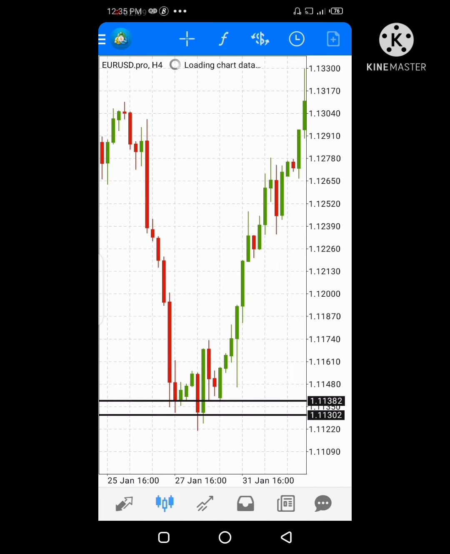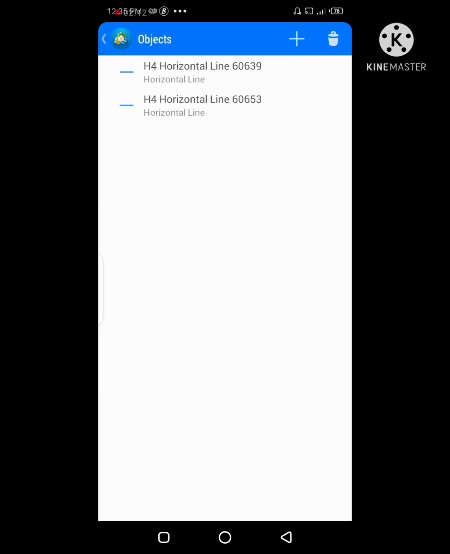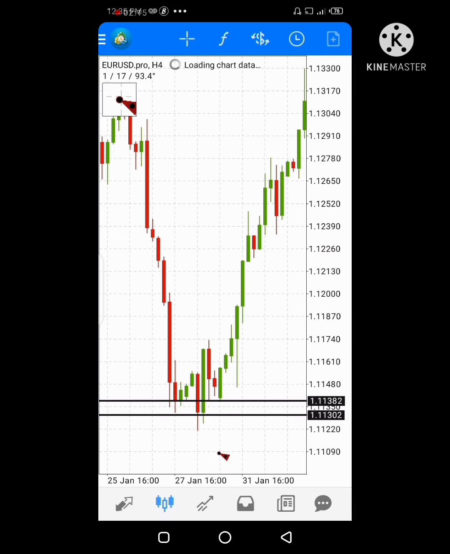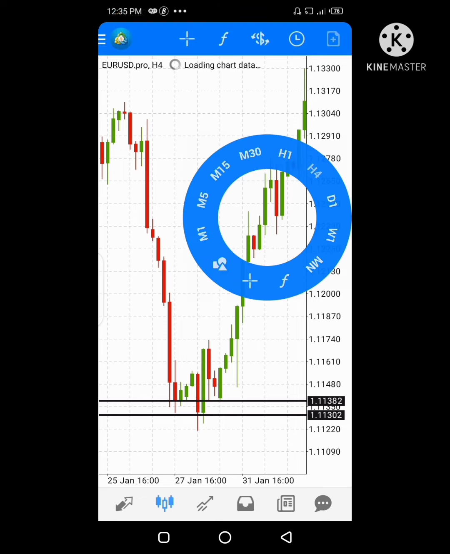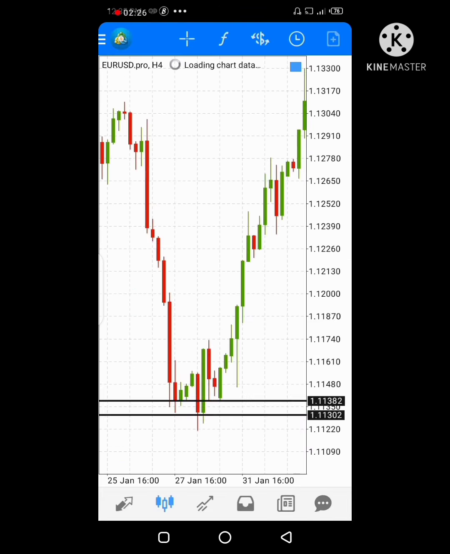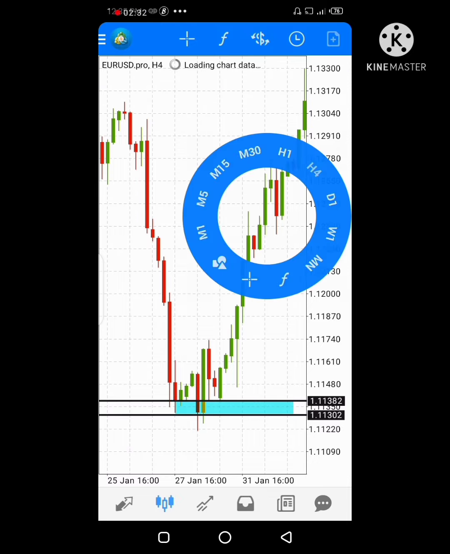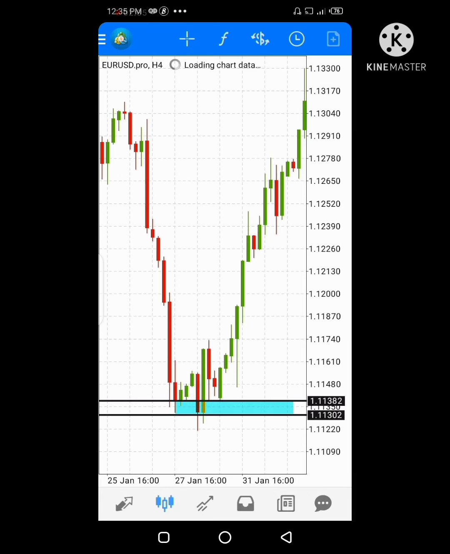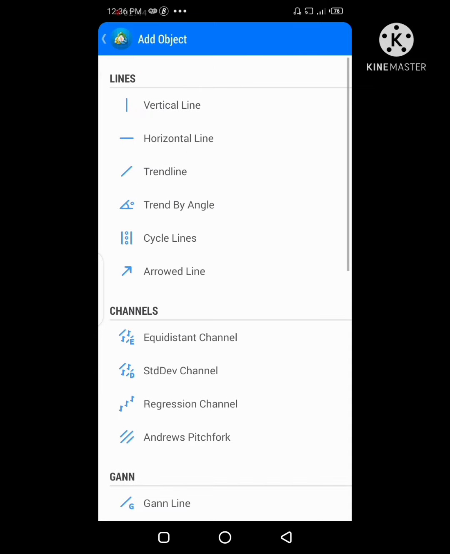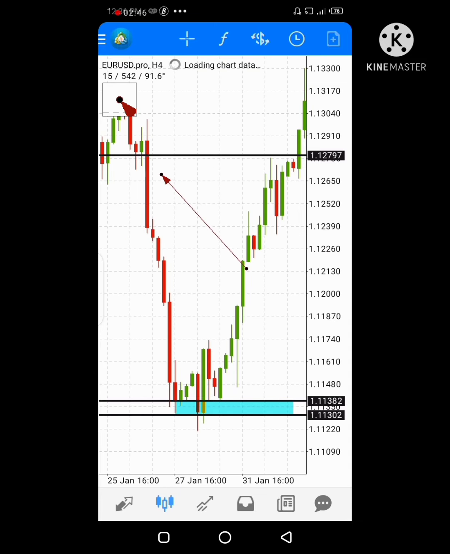You can see, when price came to this shoulder, it bounced the price up. It reverses the price to the upside. So our possible take profit will be this supply zone right here.